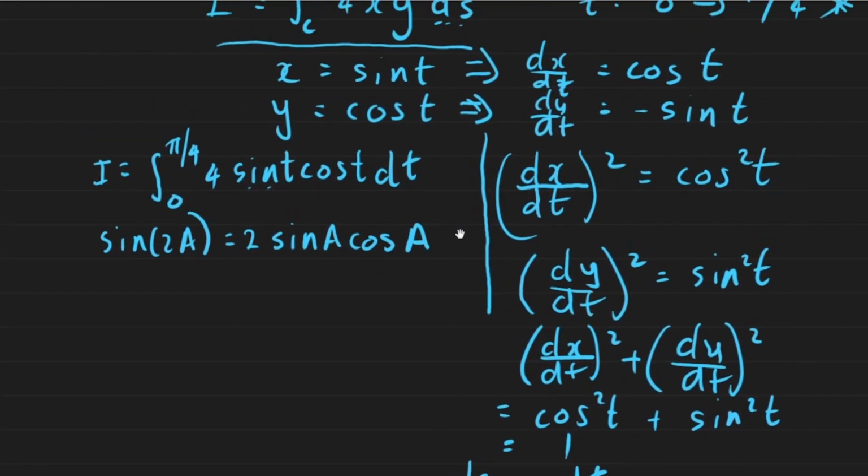What this means is that I now becomes 2 times the integral from 0 to pi over 4 of sine 2t dt. Sorry, there should not be a 2 in front inside; we've already put it in front of the integral.